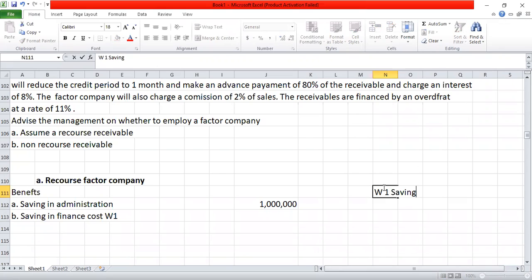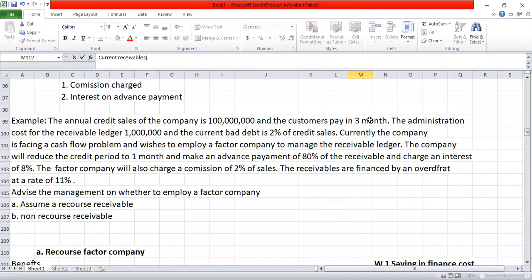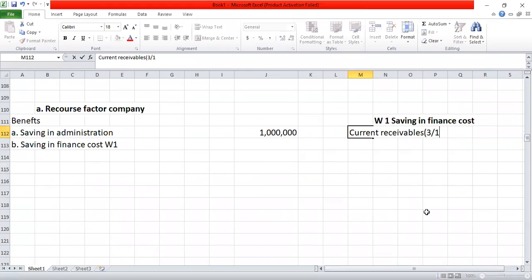For our saving in finance cost, we are going to have our current receivables, and they said current customers are paying in 3 months, which is 3 over 12 times 100 million.